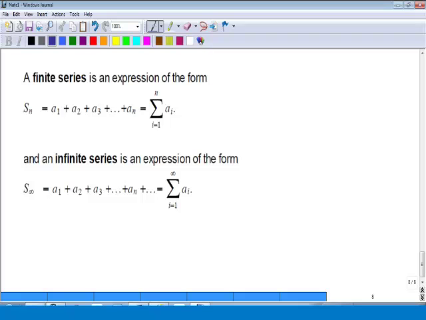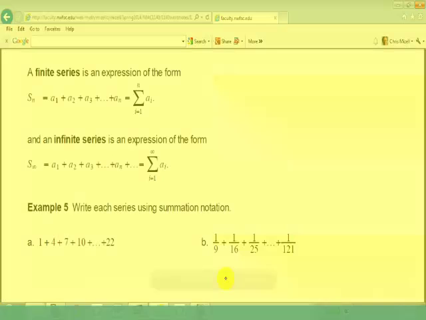So the sum of all the terms of a sequence is called a series. If it's finitely many terms, it's called a finite series. If it's infinitely many terms, and it is possible to add up infinitely many non-zero terms and get a finite sum, if they get small enough fast enough, that would be called an infinite series.